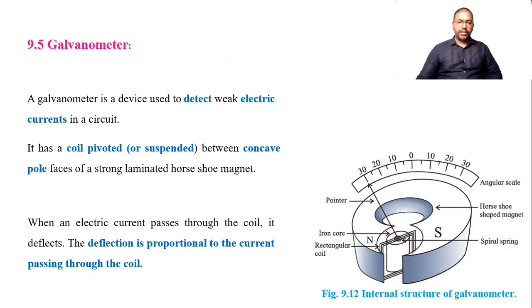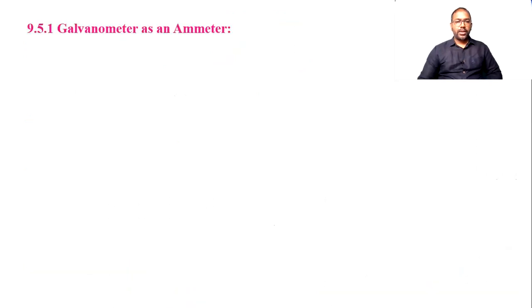Now we have to learn the article galvanometer as an ammeter. If you see the external structure of the galvanometer and ammeter, you can see both are exactly similar. Only the thing is, inside the ammeter, A is written, means the unit is written, mA if it is in milliampere.